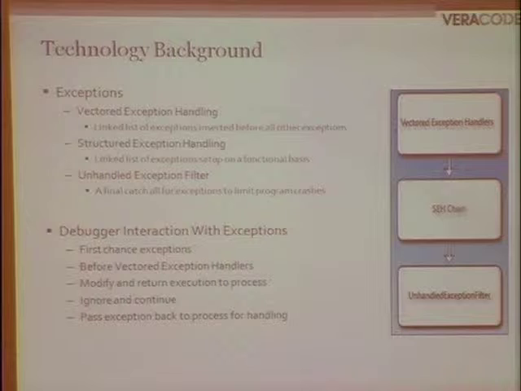If none of those trigger, then it moves on to the structured exception handling chain, which is, again, a linked list of pointers to handlers based off the exception. If none of those trigger, it gets handed to the unhandled exception filter, which is kind of like a catch-all. If an unhandled exception filter isn't registered, the process will probably crash. So that's kind of the chain, the linked list of linked lists chain of exception handling.